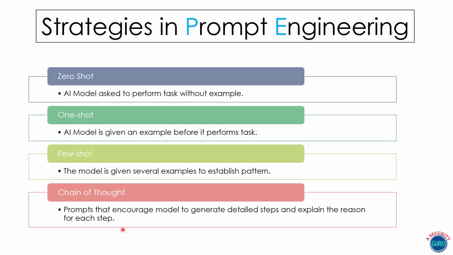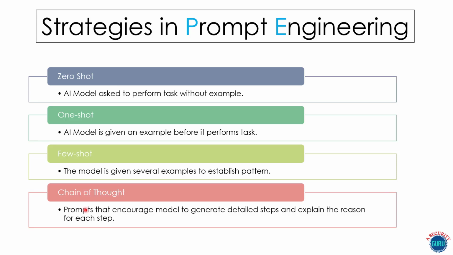For example, if as an automation engineer, we ask the AI system to generate a Selenium script using chain of thought strategy, we can ask the AI system to explain each and every line of code that has been generated in the script by the AI system. That will be an example of chain of thought strategy. I hope you are now clear with the various strategies that are available in prompt engineering.